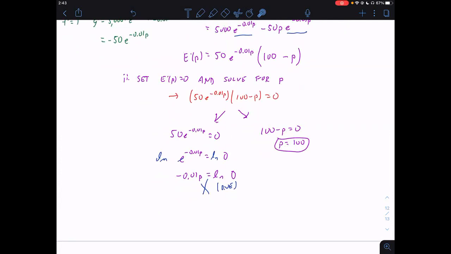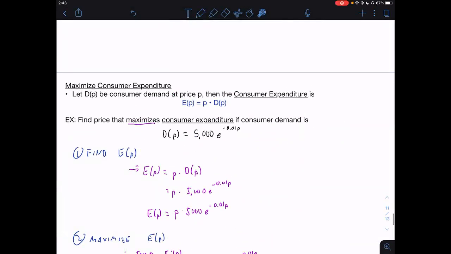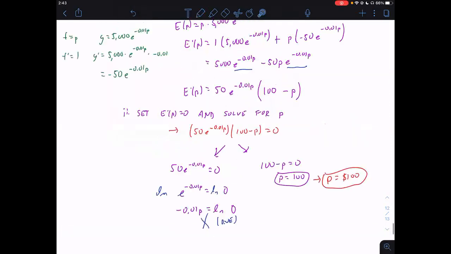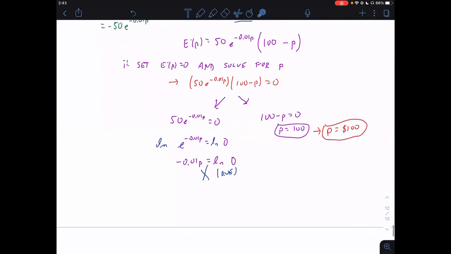And in this case, we just wanted to find the price, so this will be our answer. To maximize consumer expenditure, they will have to set their price point at $100. Now, if we wanted to find the actual maximum expenditure value, I'll call this number 3.